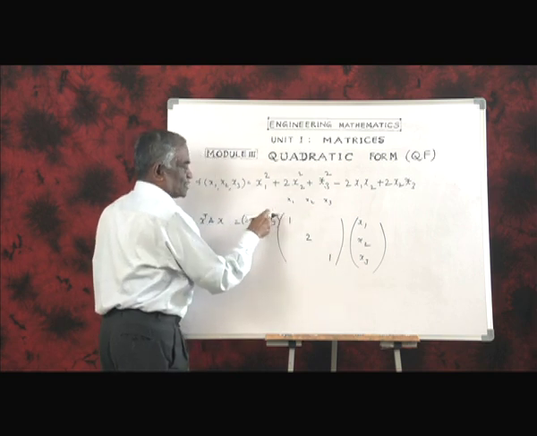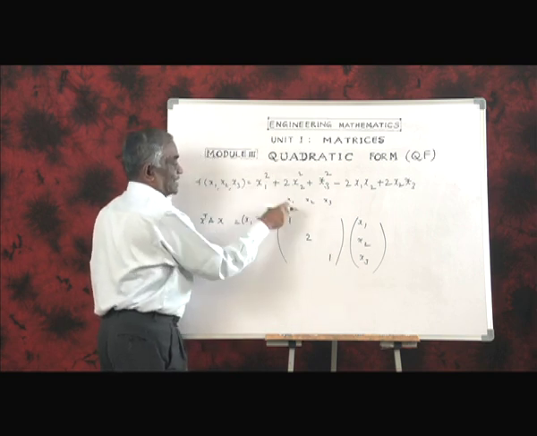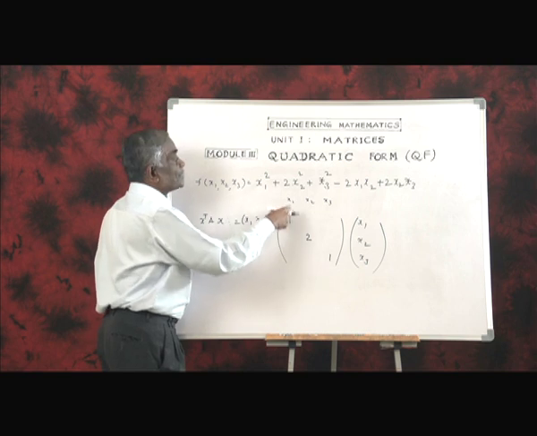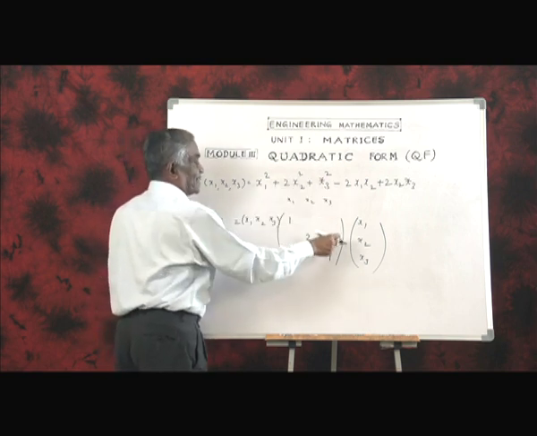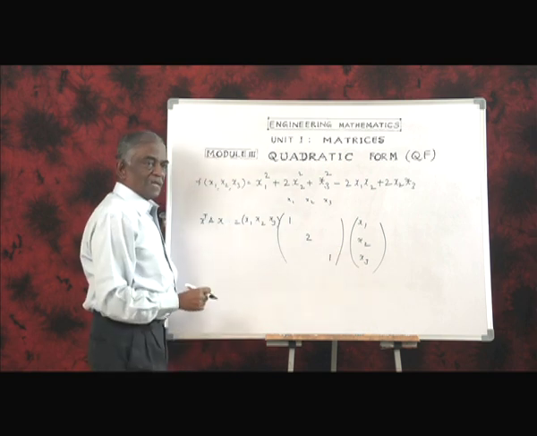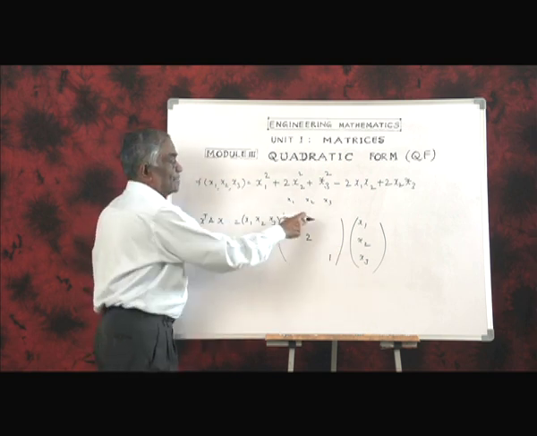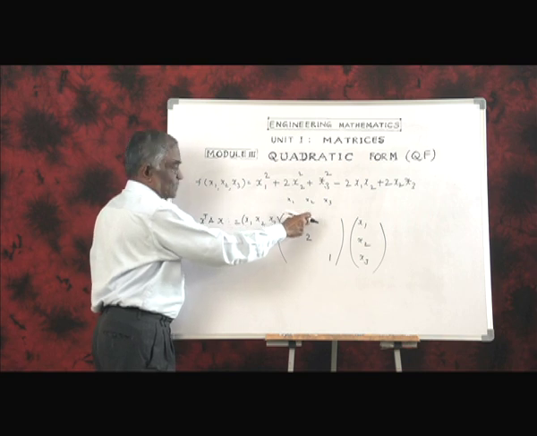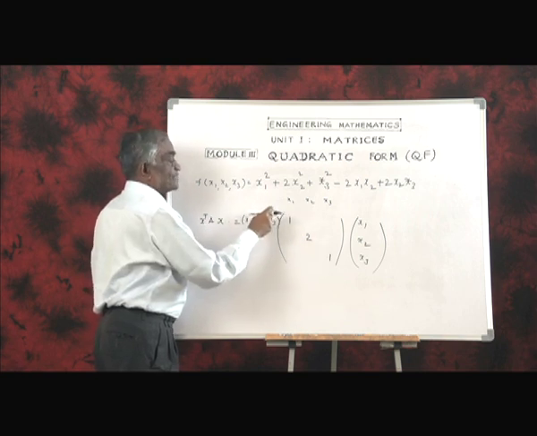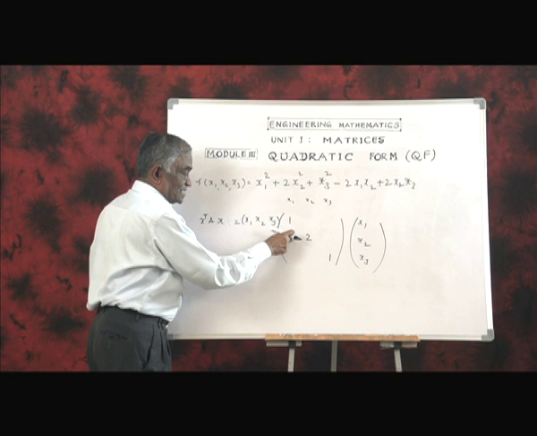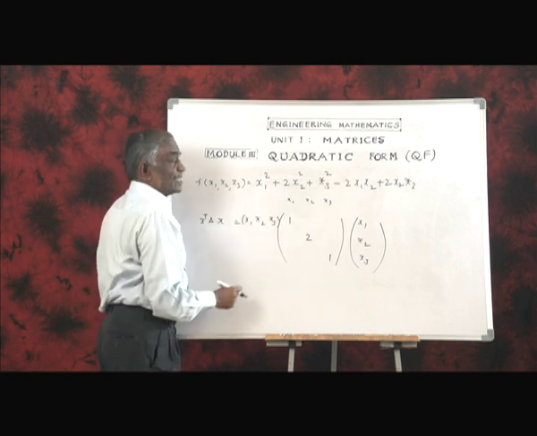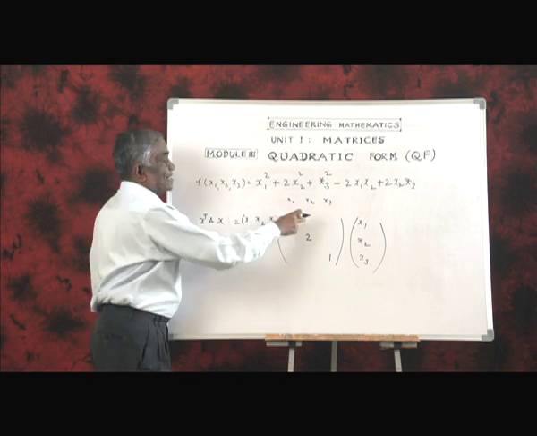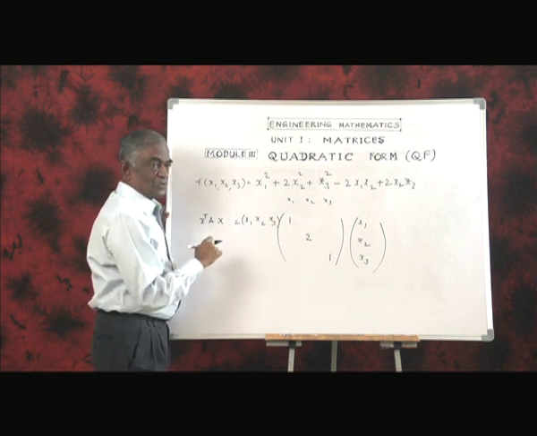That means the coefficient of x1 square should be written here, coefficient of x2 square should be written here, and coefficient of x3 square should be written in this position. Now, the position I am showing here is the position for x1 x2, and of course this is also for x1 x2 here. But what is the coefficient of x1 x2 here? That is minus 2. So the sum of these two numbers should become minus 2.